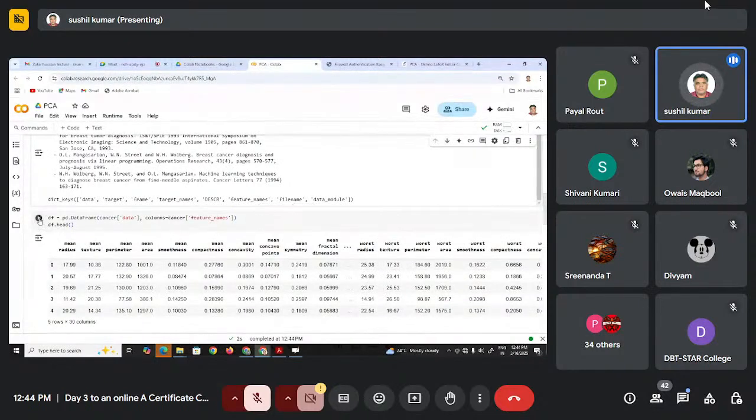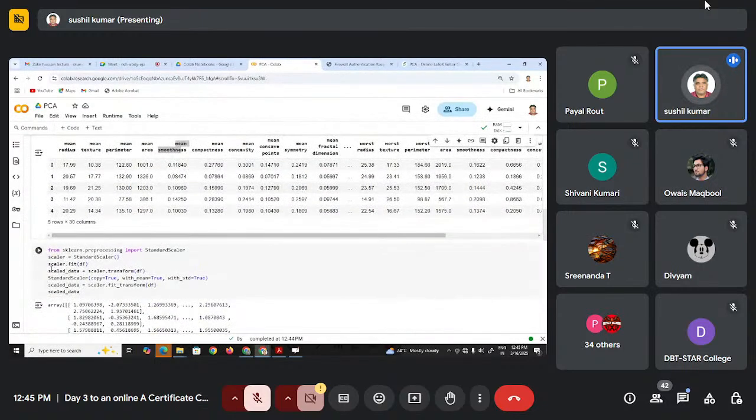Now I will use a data frame for this data set, with details like mean texture, mean perimeter, mean area, mean smoothness. Because I'm printing head here, it will give me the first 5 rows of the data. You can print entire values also.